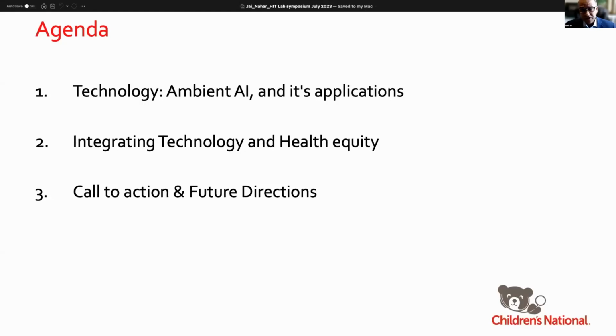The agenda for the talk today is, first of all, a brief introduction about the technology, that is, ambient AI and its clinical applications. And then next, integrating technology with health equity, that's the tech equity lens, what do we see? And I'll end with some barriers, challenges, call to action, and future directions.